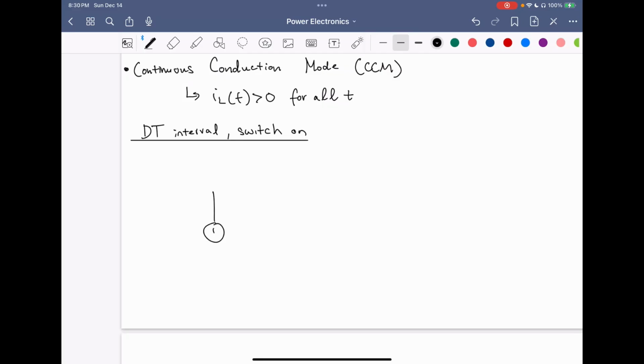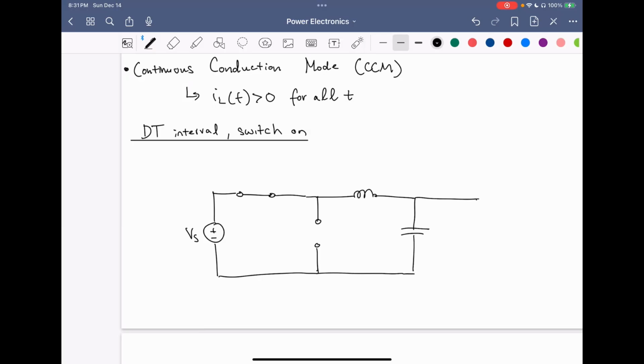So we have the source voltage, the switch is turned on. Now the diode, because the switch is turned on, is going to be turned off. And we have the inductor, the capacitor, and the load resistor.